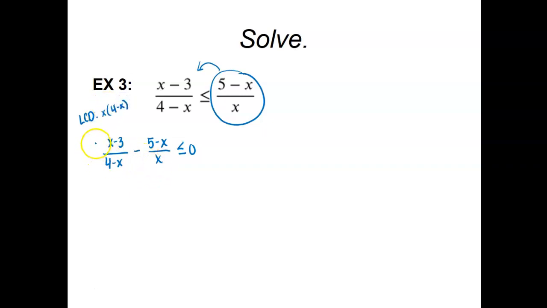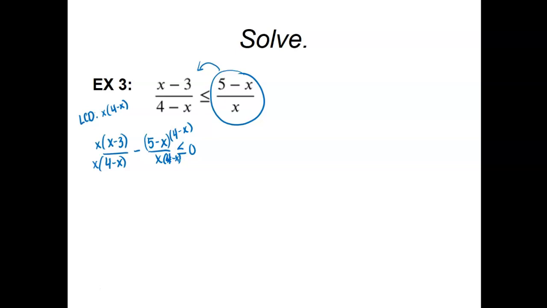And so that means we would need to multiply this first fraction by x in the numerator and the denominator, and we would need to multiply this second fraction by (4 minus x) in the numerator and denominator.